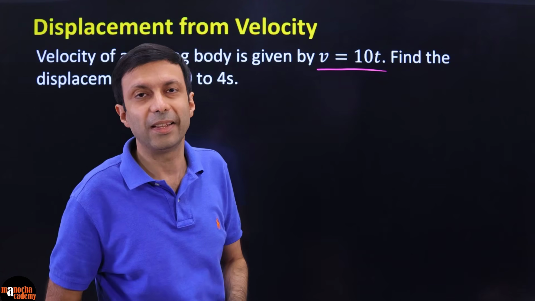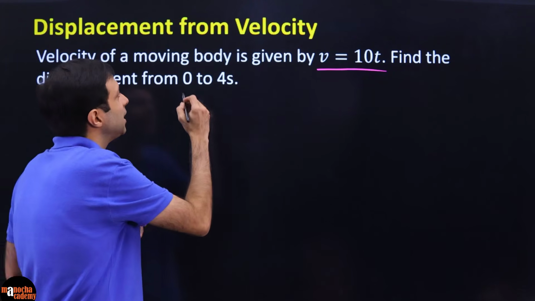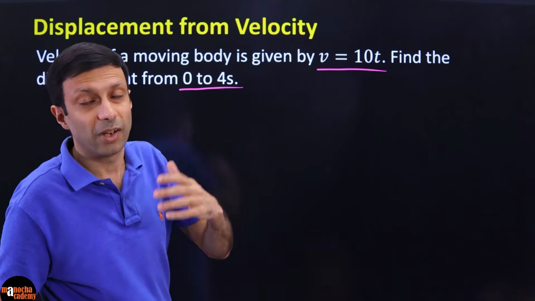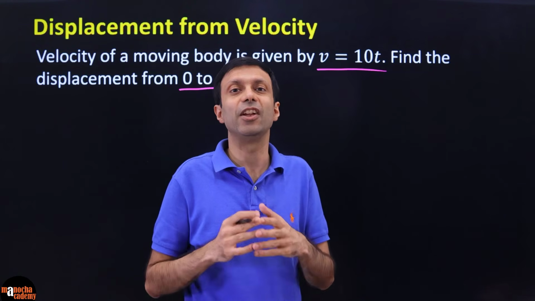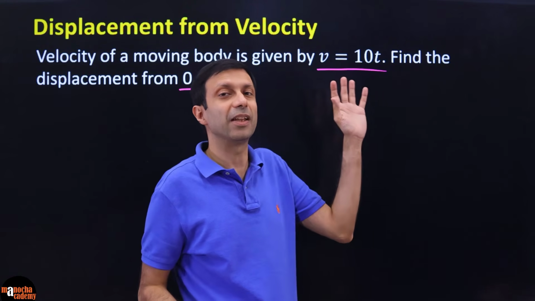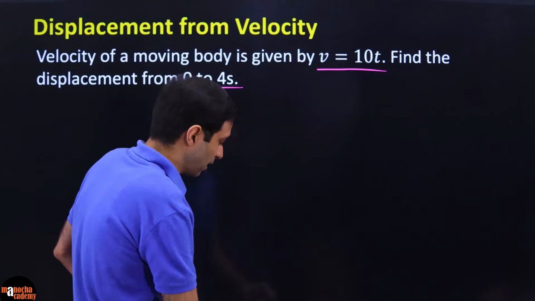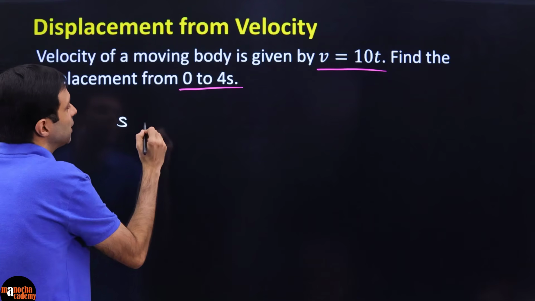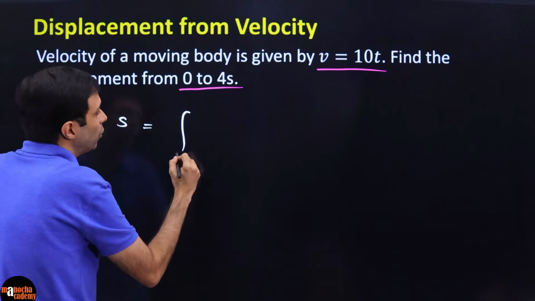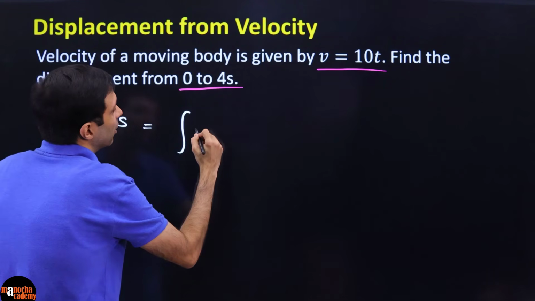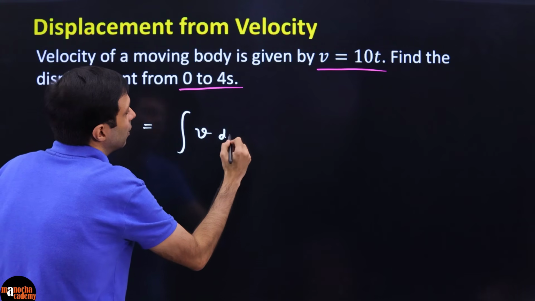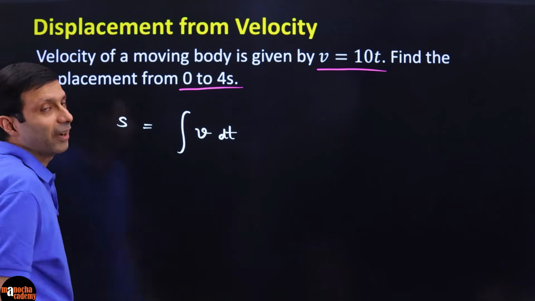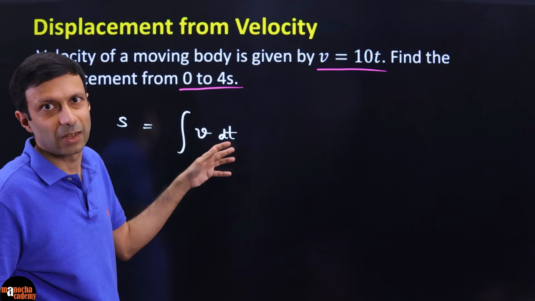So how do we find the displacement from 0 to 4 seconds? Here once again we have to use that integration concept, because we have been given instantaneous velocity. And what was our formula? To find the displacement from instantaneous velocity, you need to integrate the velocity over the time interval. So we have to integrate v dt. Okay.